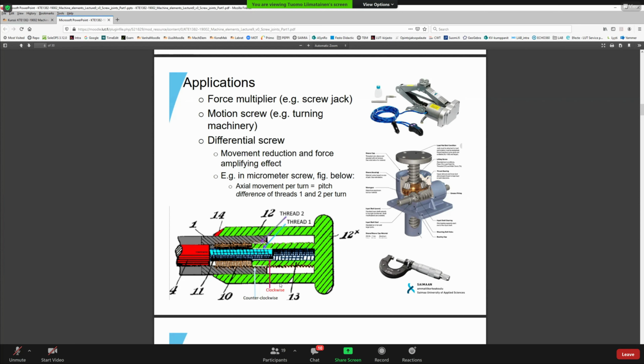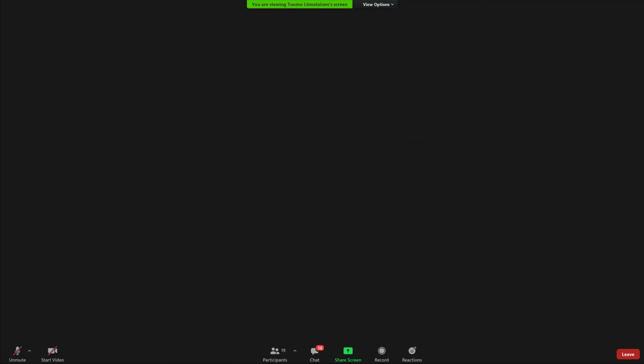And that is also affecting the movement. And that has an opposite thread, so a counterclockwise thread on the gray part, and a clockwise thread on the blue part. And eventually the total movement of this component is the sum of, or difference between, the pitches of threads 1 and 2 per turn.